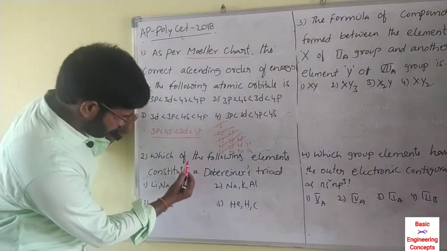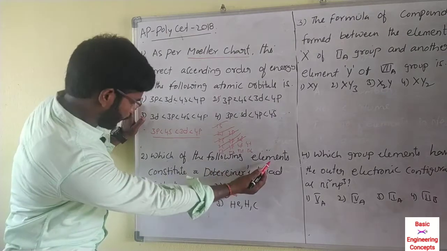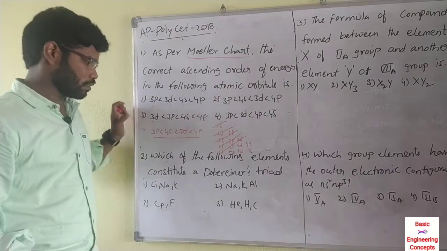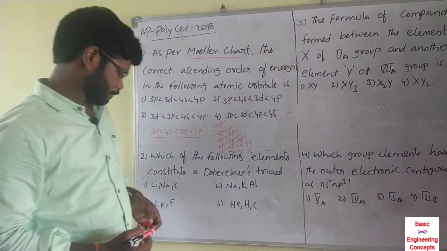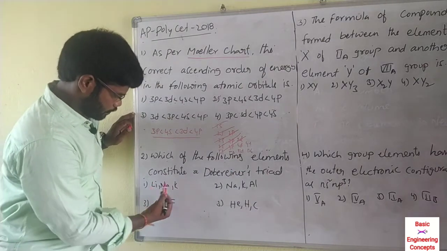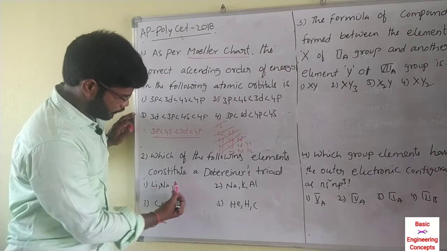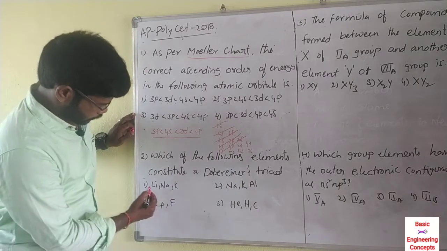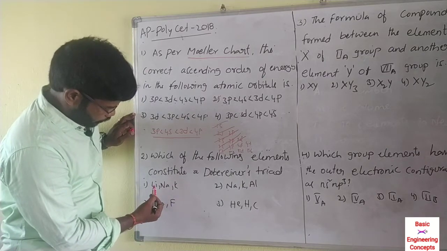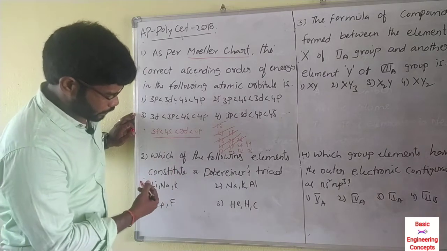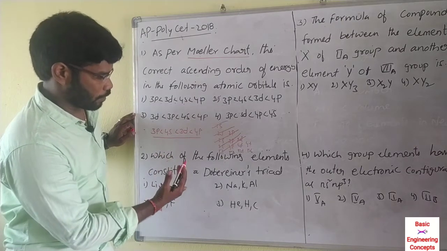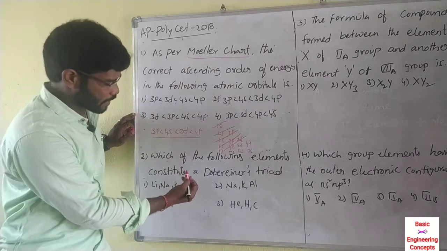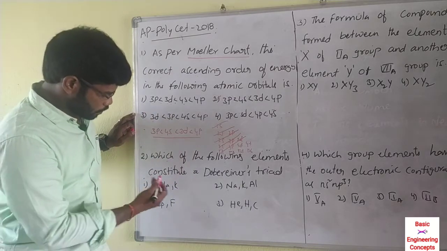Next question: which of the following elements constitute a Dobereiner triad? Here, a Dobereiner triad means the average of the atomic weights of the first and third elements equals the atomic weight of the middle element. Another property is that the three elements have similar properties.